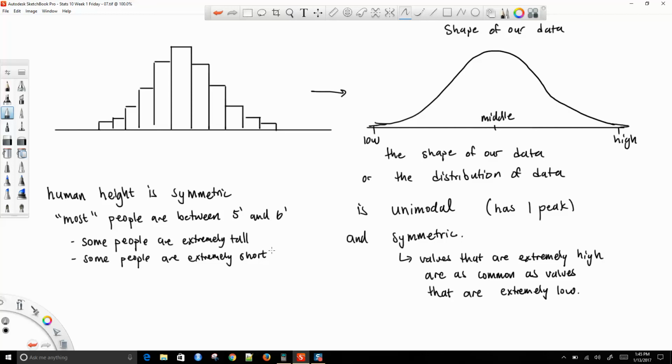So some people are extremely tall, some people are extremely short, and they have similar frequencies. So that would be human height being an example of something that's symmetric.